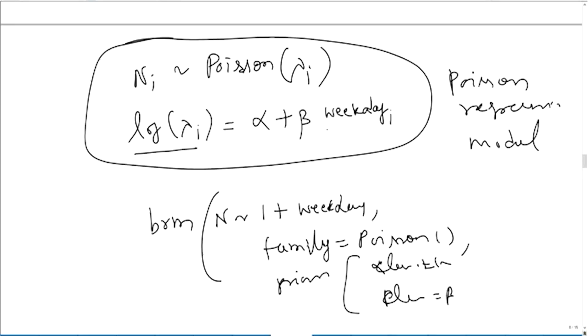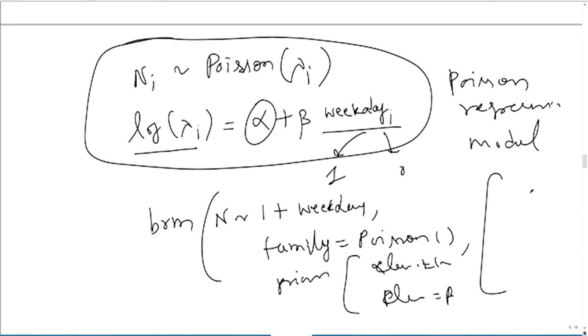So, that means when the value of weekday is 0, basically during the weekends, the parameter alpha can be interpreted as the log of the rate of road accidents during weekends. So let's say during weekends, on average, road accidents are around 50, or let's say 100.